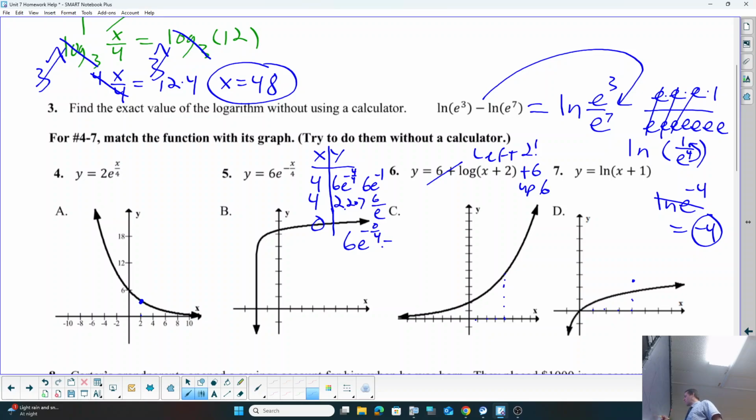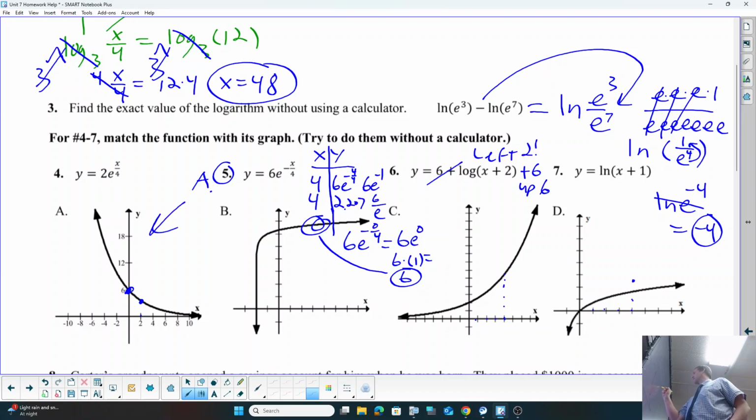And 0 divided by 4 is just 0. Times the negative is just 0. So what's 6e to the 0? That's 6 times 1, which is 6. So over 0 up 6 is definitely this guy. We found it. Yep, so number 5 is A. Cool.